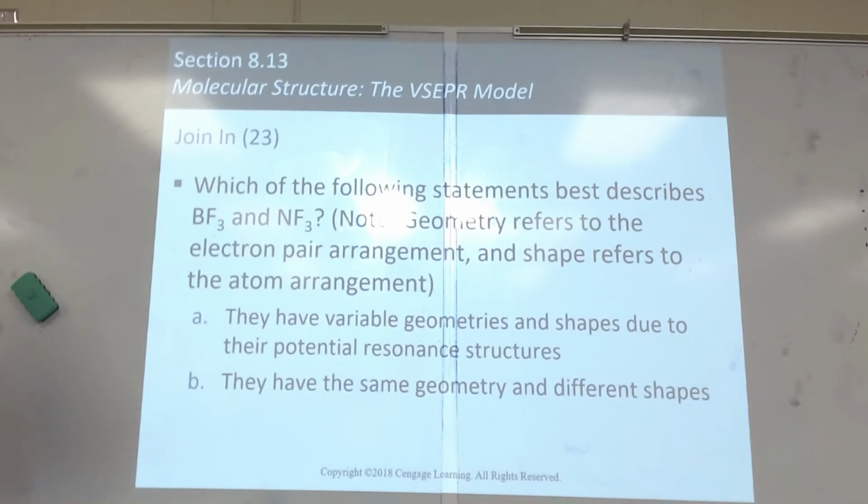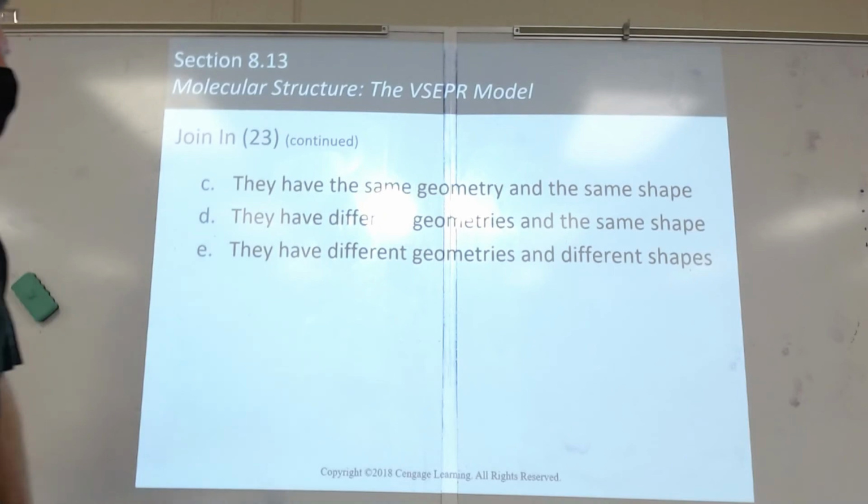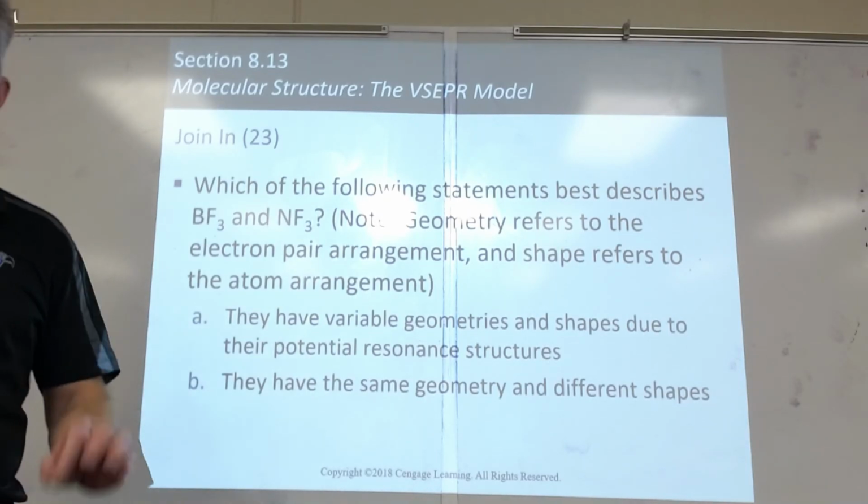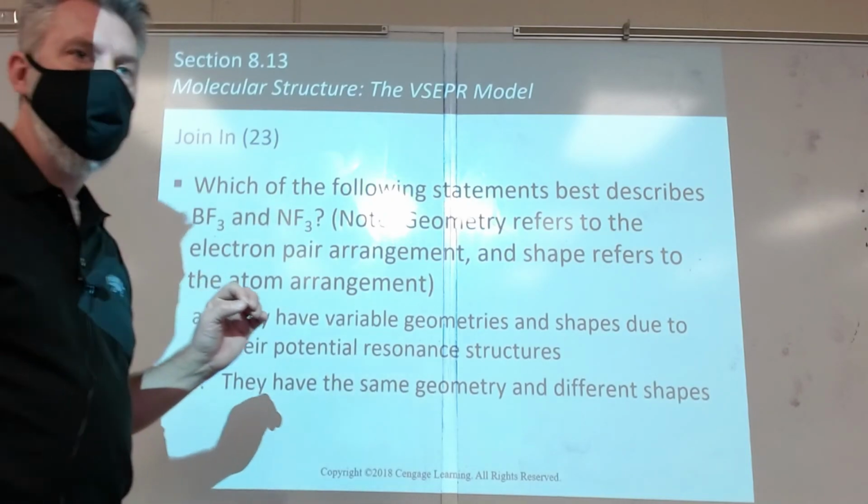Okay. All right, y'all good here? All got the answers? Cool. You should be able to answer this. Do they have the same geometry and same shape? They have different geometries but same shape. Different geometries and different shapes. Do they have variable geometry shapes? NF3, BF3. First of all, BF3 is what kind of shape? Trigonal planar.